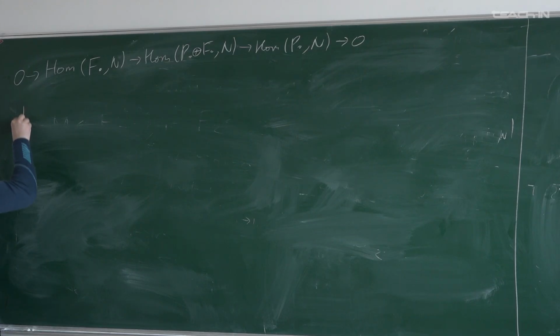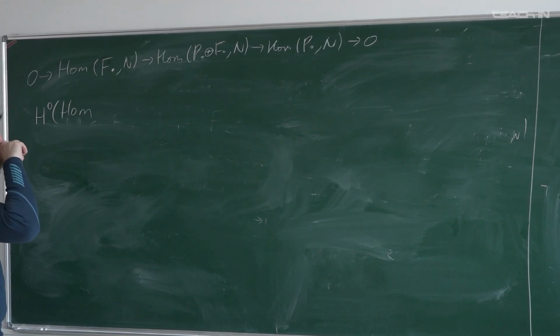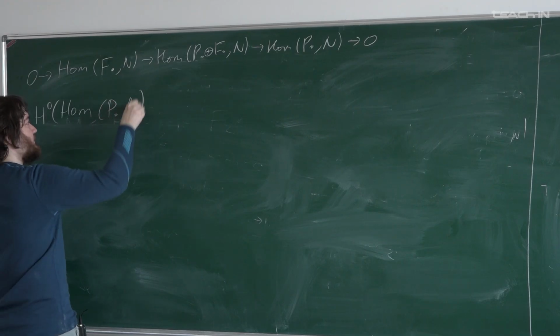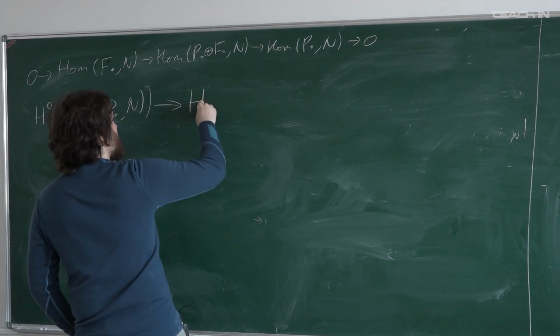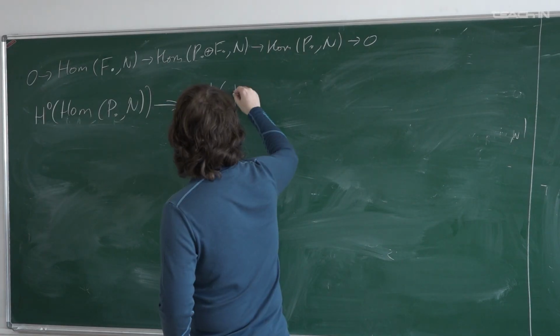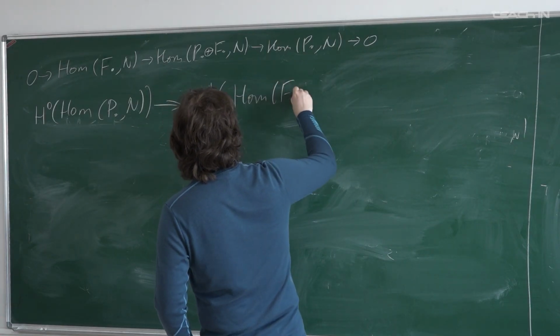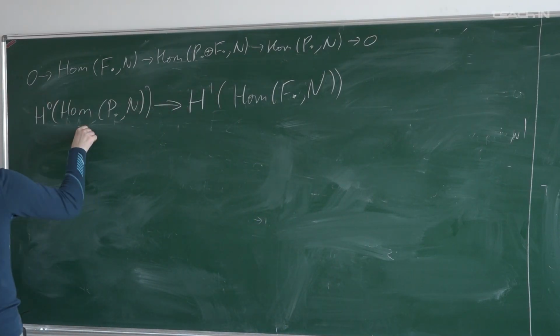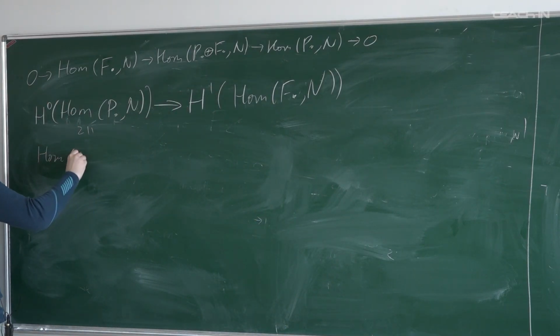And I need this: the zeroth homology of this one goes to the first homology of this one. This is isomorphic to hom from N to N. This is Ext.